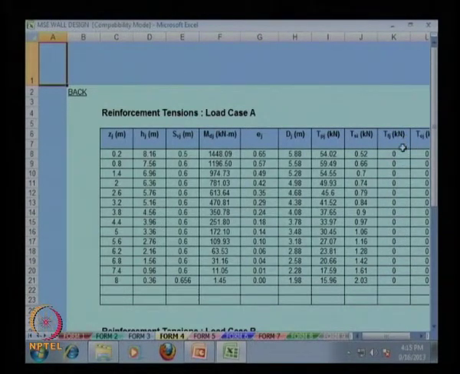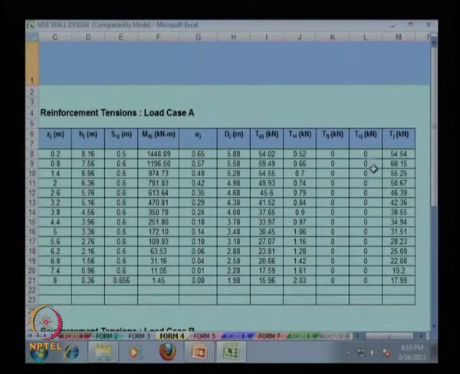And next is Tfj, that is the shear force developed due to the horizontal shear. So shear force due to horizontal shear is 0 here. And then is the Tcj, and that is the tension due to cohesion, which we consider as 0.